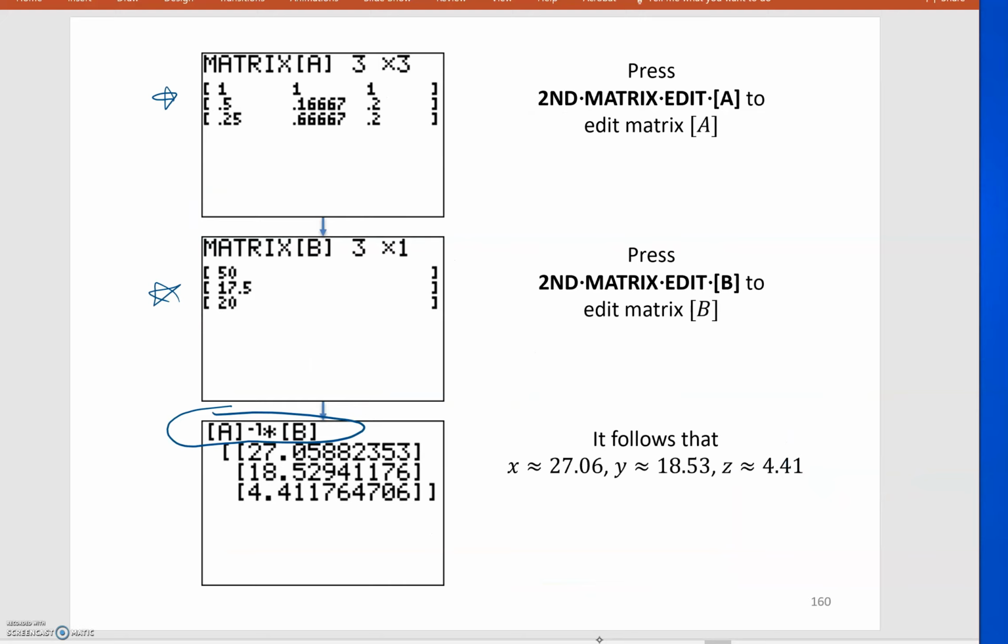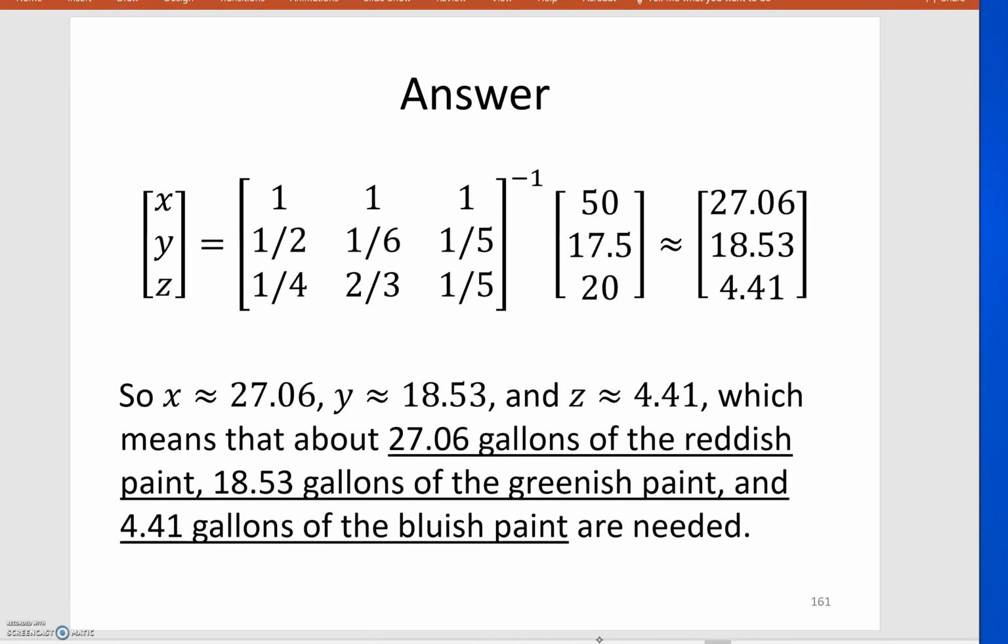So this is the inverse of matrix A times B. Essentially, it's the same solution. Once you get the system built, the solution is the same method. Type in the matrices, take the inverse of the coefficient matrix, and multiply it by the constant matrix. There is your final answer.